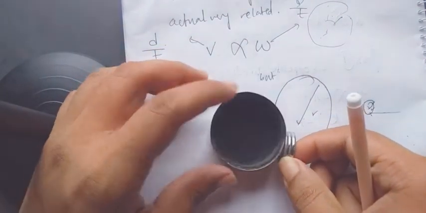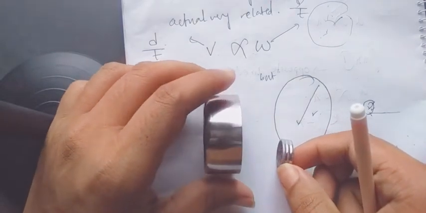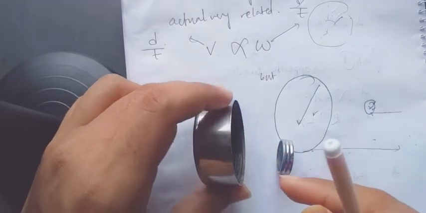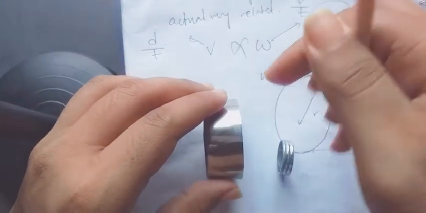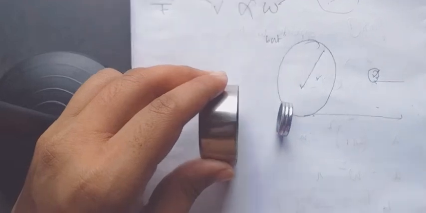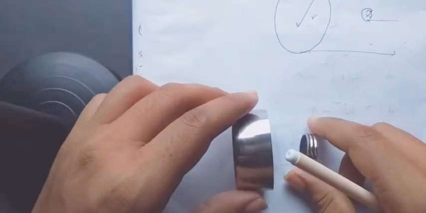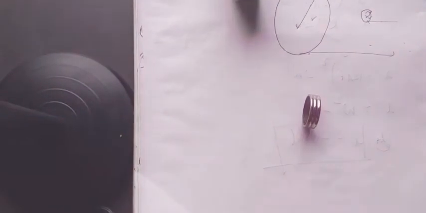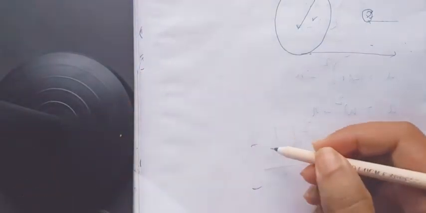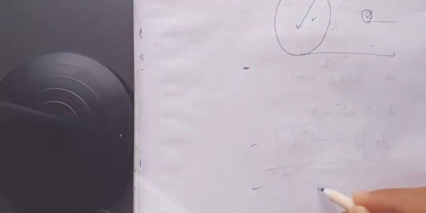If I provide the same force, because this has a higher radius, providing the same force will make it reach a further distance, and this will reach a shorter distance, for instance. So if I let this go, you see that because this radius is high, it travels a further distance, and providing the same force, the smaller one travels up to, for instance, here.